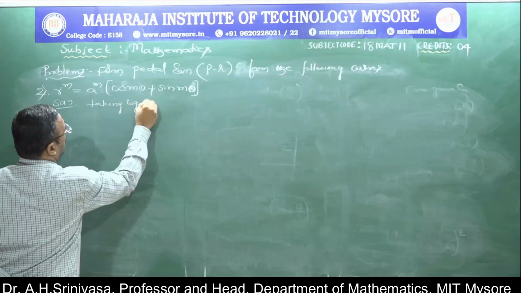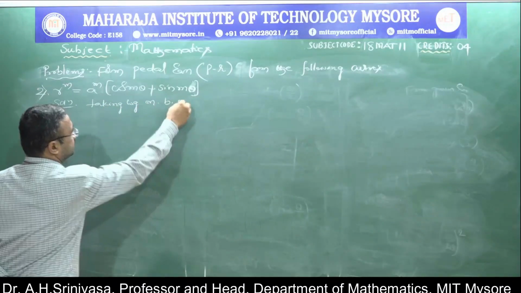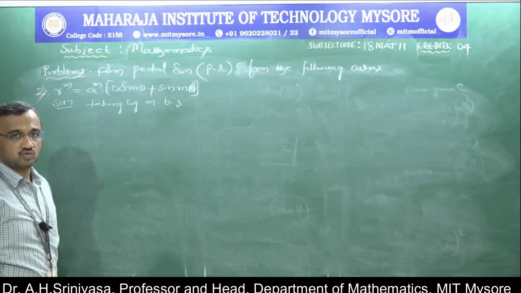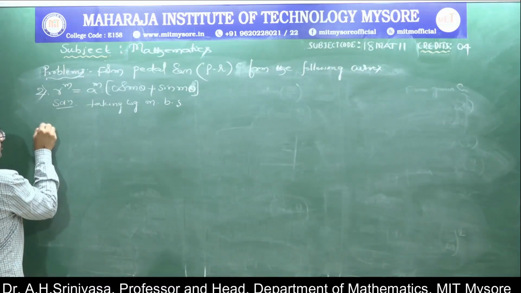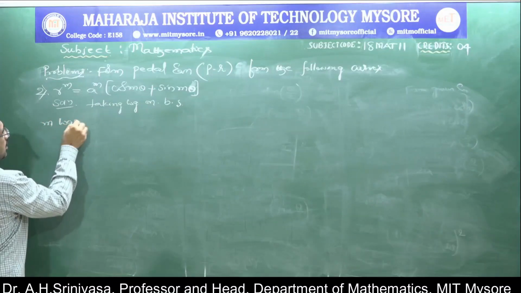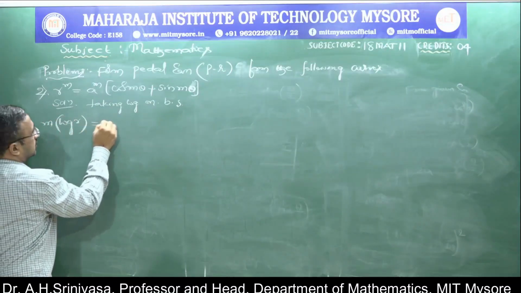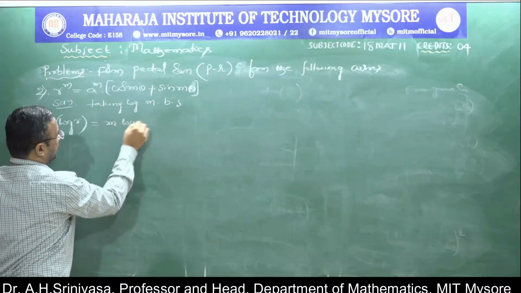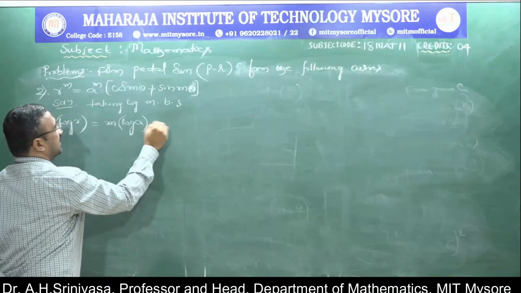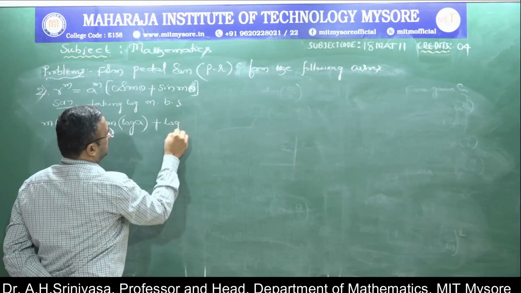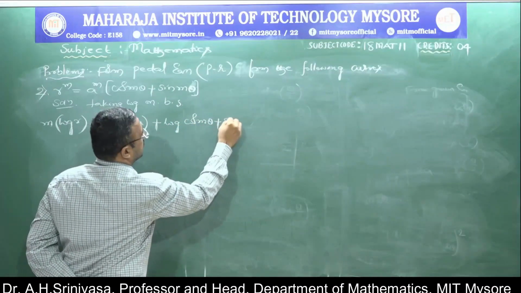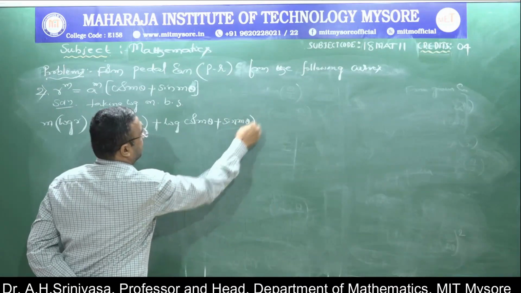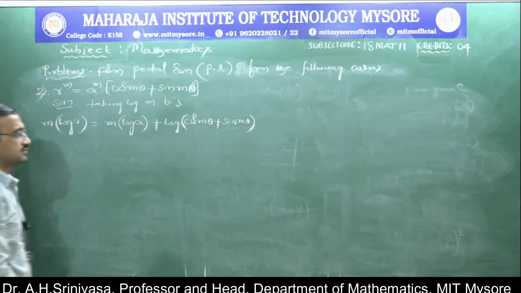First we are taking the log on both sides. So now I am going to write it directly. m into log r will be obtained, which should be equal to m into log a plus the logarithm of cos m theta plus sin m theta. This is the equation we obtained.